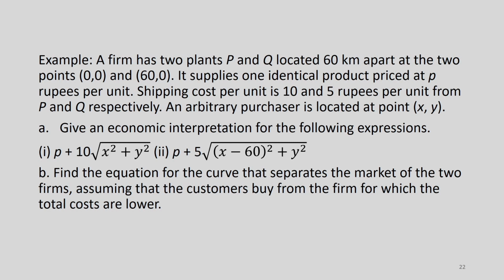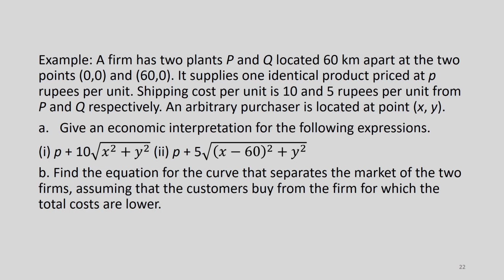It supplies one identical product priced at P rupees per unit. Shipping cost per unit is 10 and 5 rupees per unit from P and Q respectively. An arbitrary purchaser is located at point (x, y).